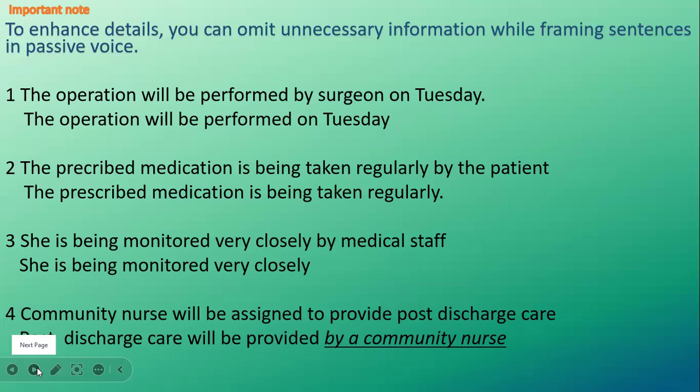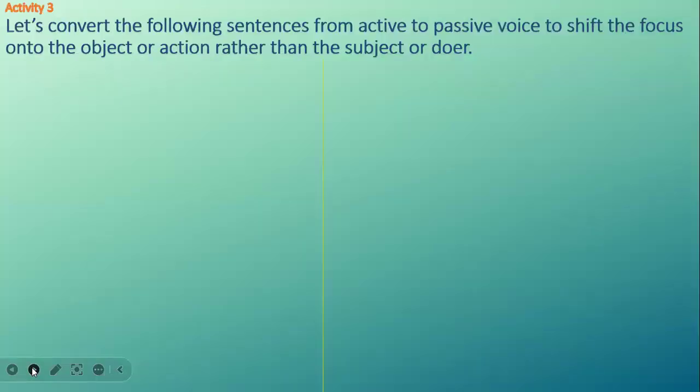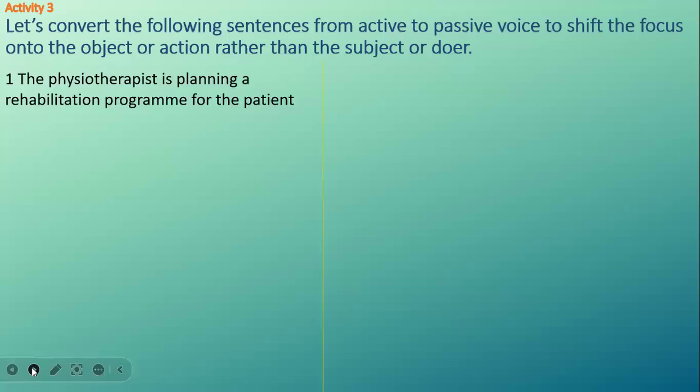Let's focus a little on how to change sentences from active to passive. This is an active sentence here. The physiotherapist is planning a rehabilitation program for the patient. Omit means exclude. Now here, the focus of the sentence is on the physiotherapist.